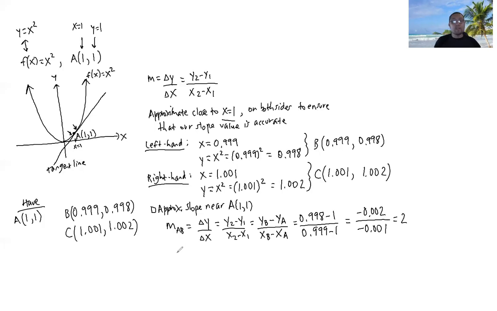So according to the left-hand side approximation, the slope of the tangent line, in this case, the slope according to choosing our second point on the left, let's say it's right here, is equal to 2.